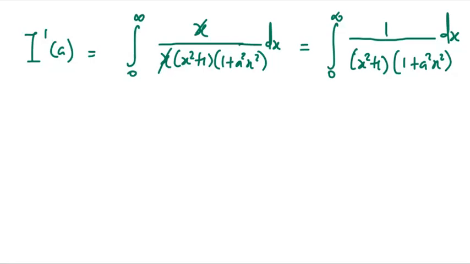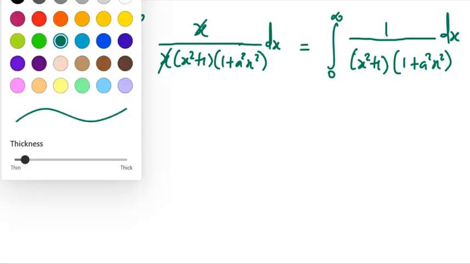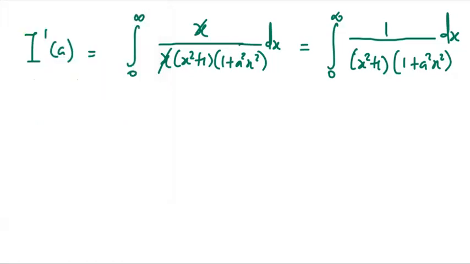Let's use another color, the red color. So say we have 1 all over (x squared plus 1) and (1 plus a squared x squared). Oh my god, this is going to be cool.